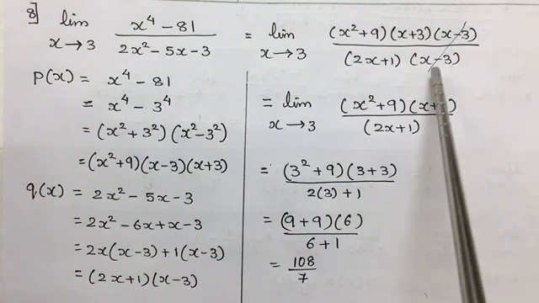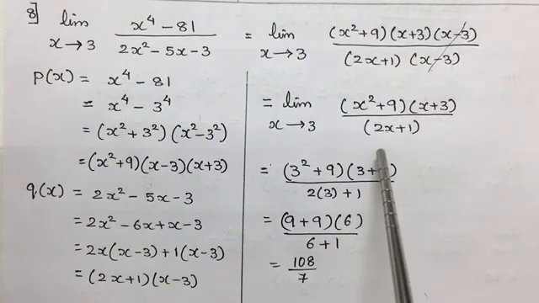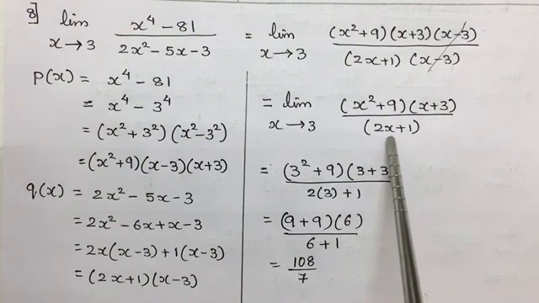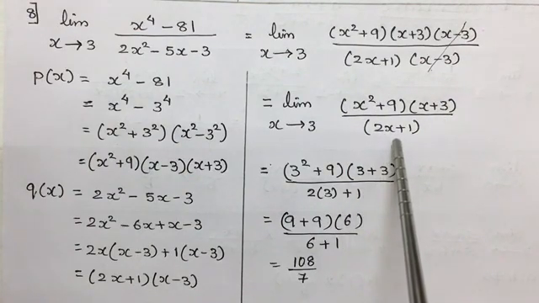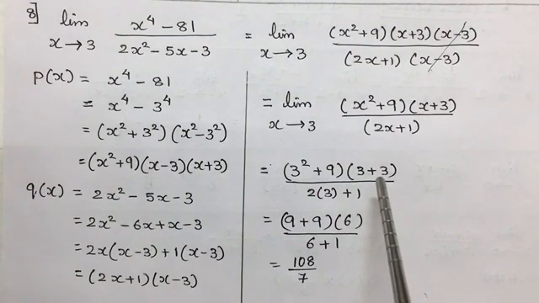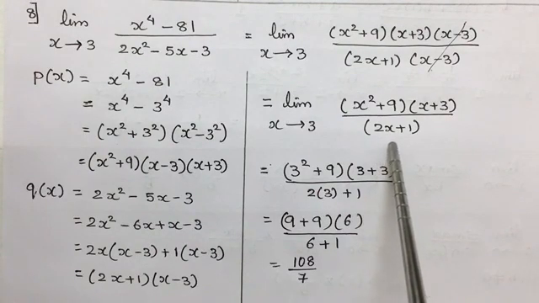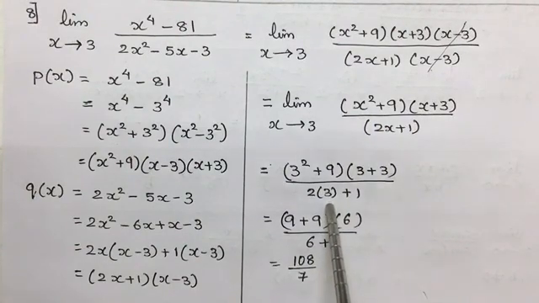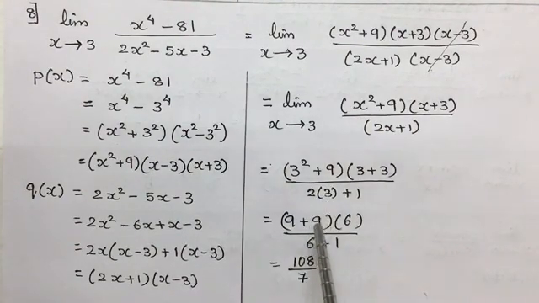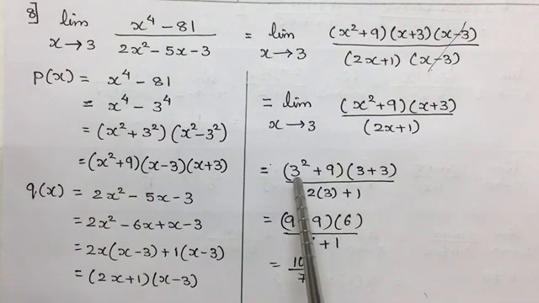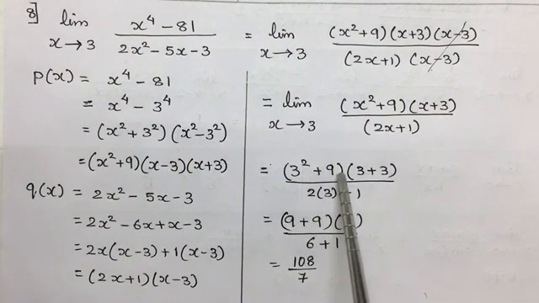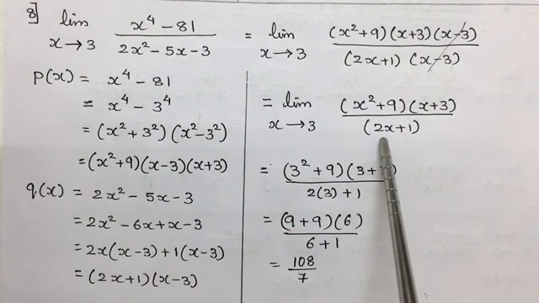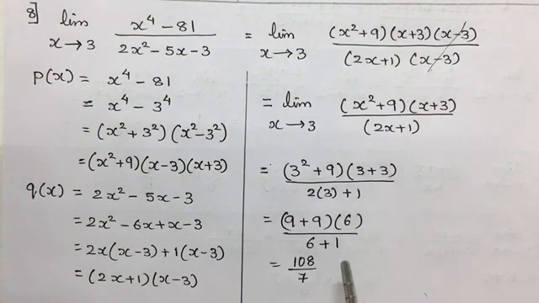Once x minus 3 gets cancelled, in whatever terms remain, wherever x is there, 3 is to be substituted. So it becomes 3 square plus 9, 3 plus 3 divided by 2 into 3 plus 1.